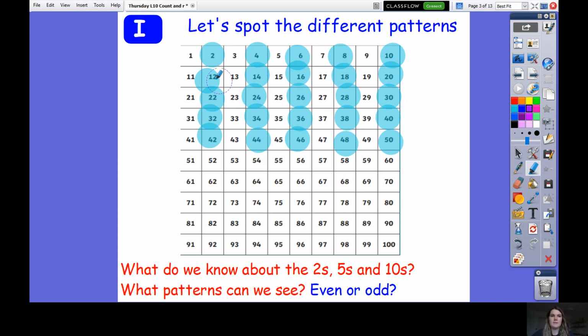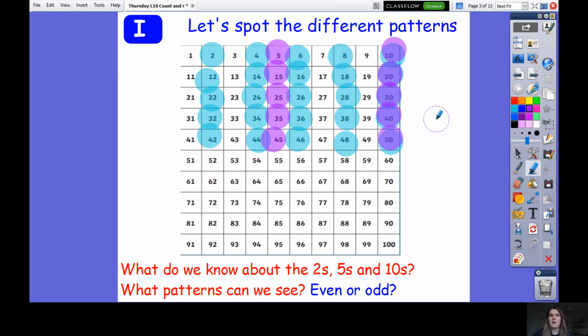What about our fives? So let's find 5 to start. Okay, there's 5. What do we do when we count in fives? Count in fives for me. 5, 10, well done. 15, 20, 25, 30, well done. 35, 40, 45, 50.